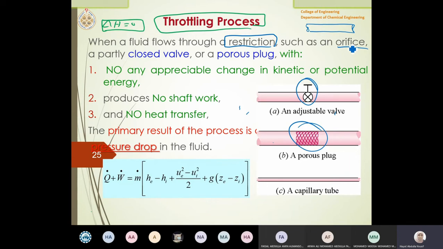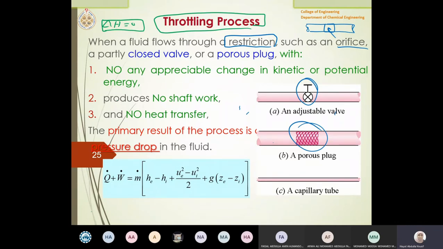With the orifice, they put it in the middle of the channel or of the pipe when you want to measure the flow rate. And how to measure the flow rate is because of the pressure drop that takes place in the system.